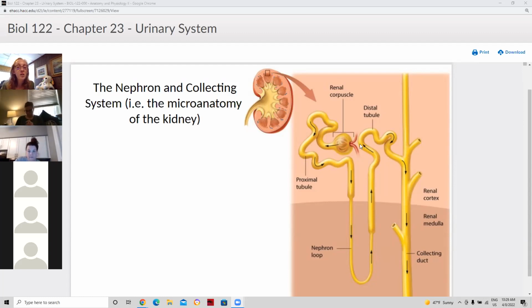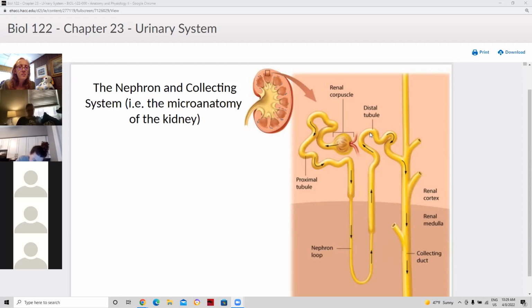One thing that you want to keep in mind about this drawing is that the distal convoluted tubule is right next to and abuts right up against the arterioles that are supplying the glomerulus. This is important later.